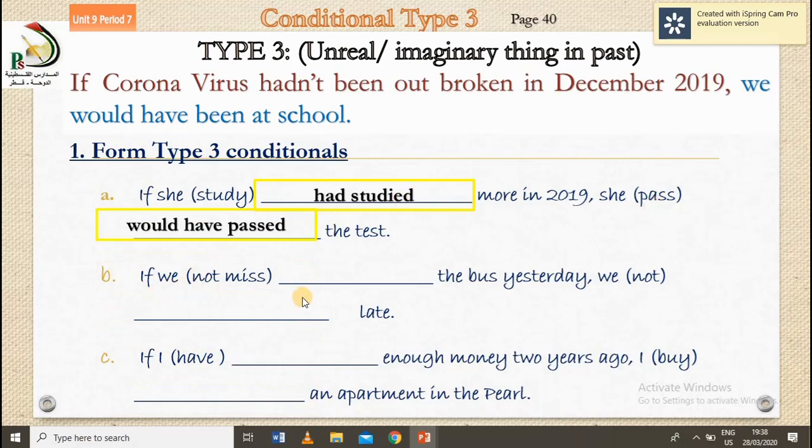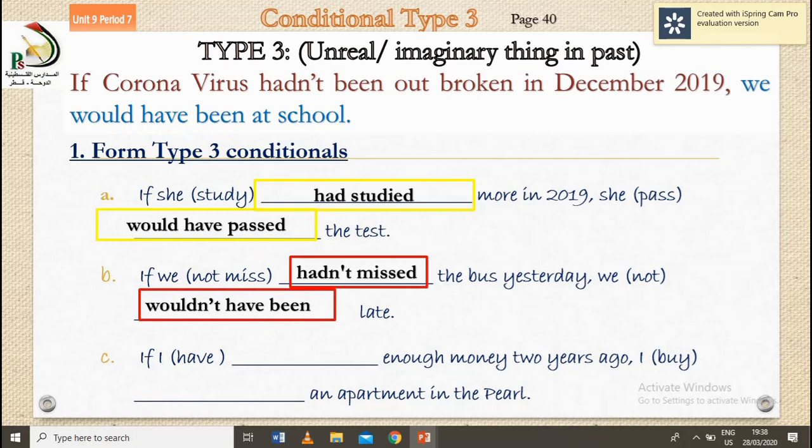If we hadn't missed the bus yesterday, see, yesterday, it's not in the future, not tomorrow, yesterday. If we hadn't missed the bus yesterday, we wouldn't have been late. So B can be added here.